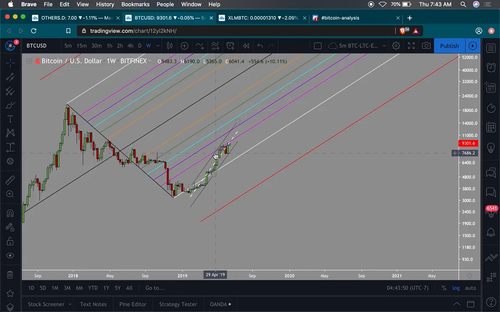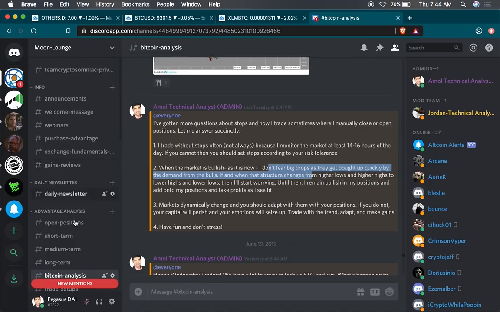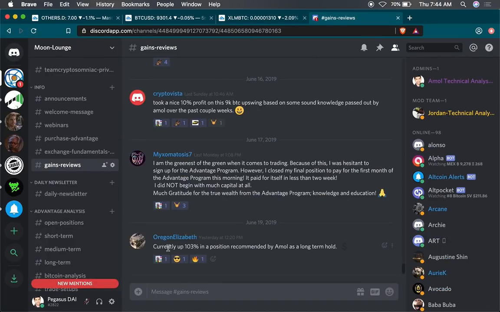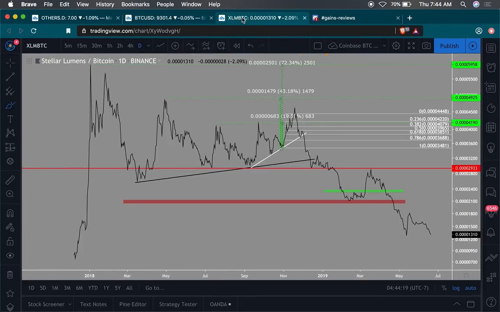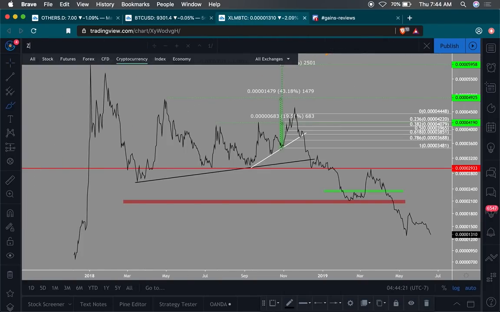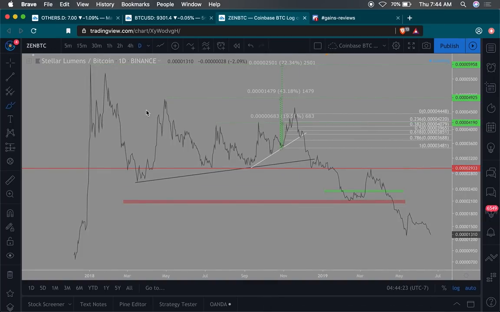Sometimes I'll pick up some for the long term that may show really strong management, really strong projects, but I also like to see big investment funds get in before I do. One of our picks that I showed you earlier, over here in the gains reviews, the person that said we were up 103%, this position is Horizon. Zen was one of my big picks because I knew that Grayscale Investment Fund was going to get in big.